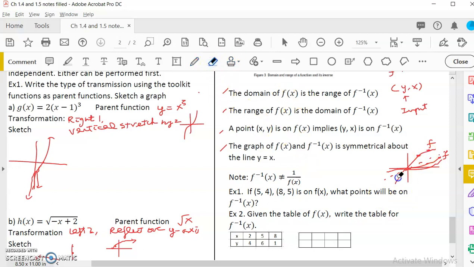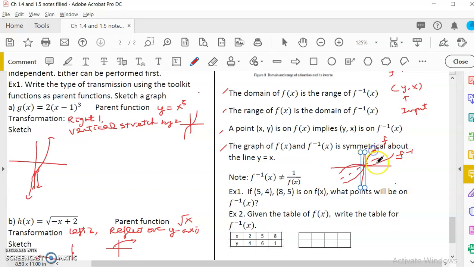I just want to redraw it because it looks very ugly. So this looks like a mirror over the line y equals x. Just imagine if you have points 1, 1 and 2, 2, the inverse will also have 1, 1 and 2, 2. So if your original function is like this, and this is f, the inverse function will be like this, right?